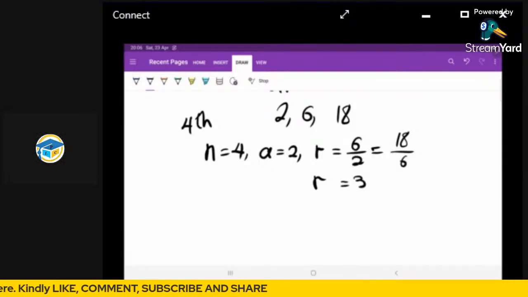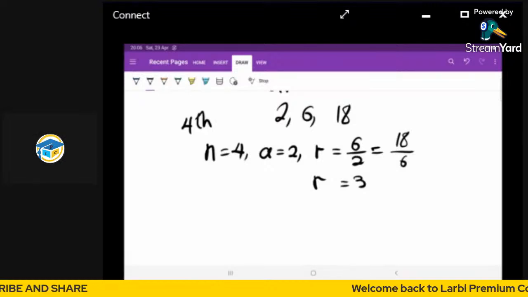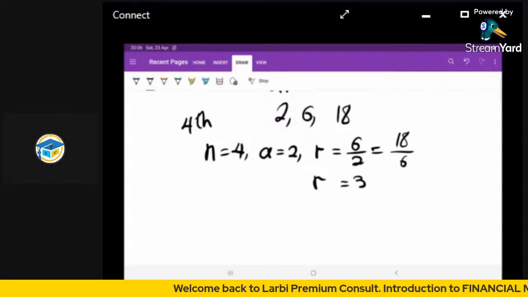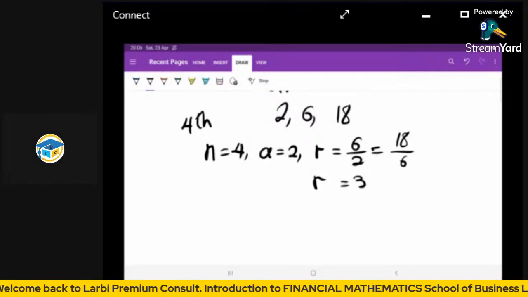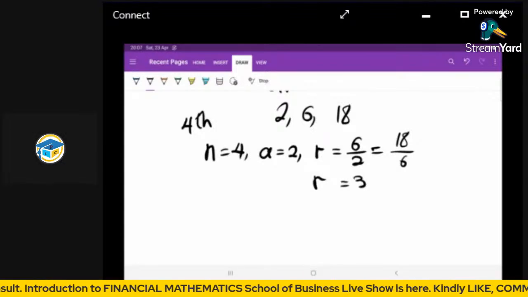When it comes to geometric progression, the common ratios are the same irrespective of the arrangement. When you divide any term by the term that comes before it, you get the same answer. That is a geometric progression or exponential sequence.